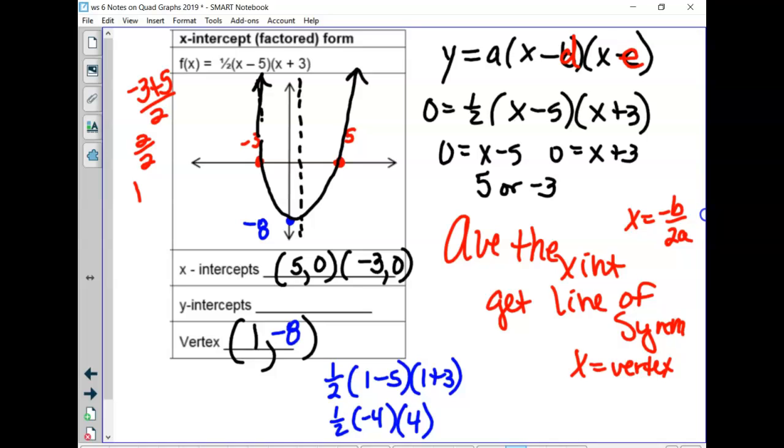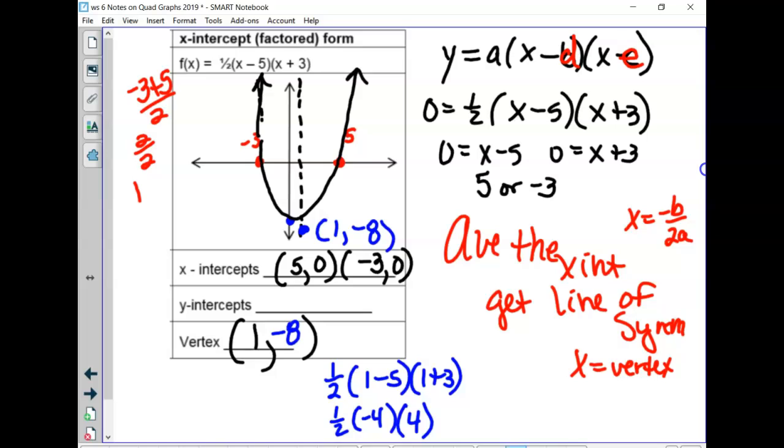Y-intercept. Why do I have a blue dot at -8? I don't either. I feel like we should unvideo that. There should be a blue dot down here at 1, -8, right?